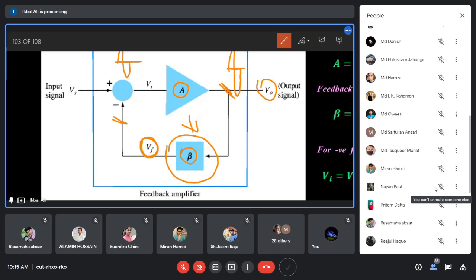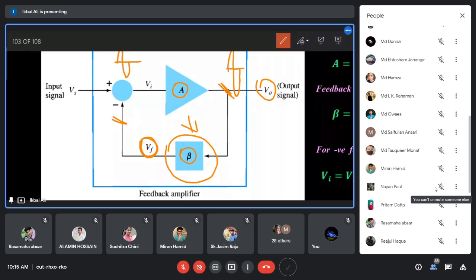Just like that, the stability of the circuit will be more, the noise will be reduced, distortion will be reduced, and several other advantages you can get. Lots of advantages are there if you have a negative feedback.